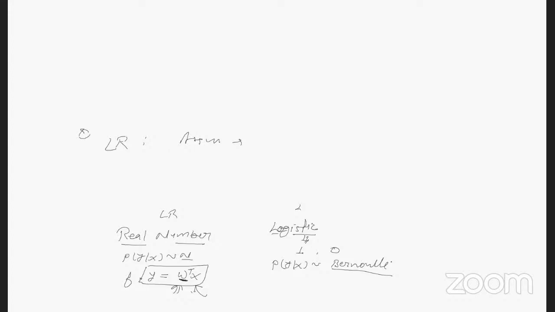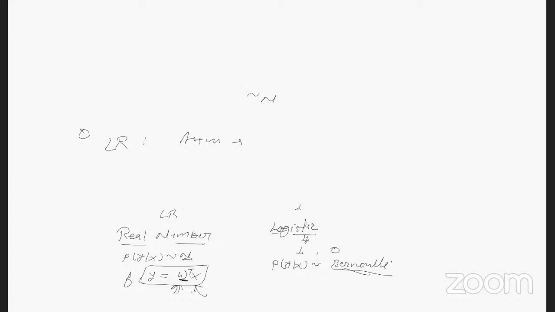So now we are going to generalize these things, because we made particular assumptions that it follows normal or Bernoulli. Before generalizing, let's cover what it means when data follows a normal distribution.